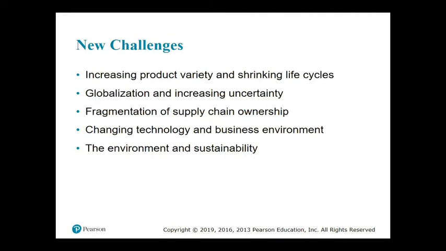So these impose constraints on companies, making the choices more limited, but it also creates opportunities for companies to differentiate themselves in new venues.